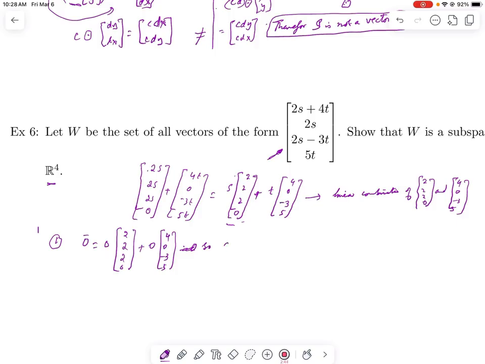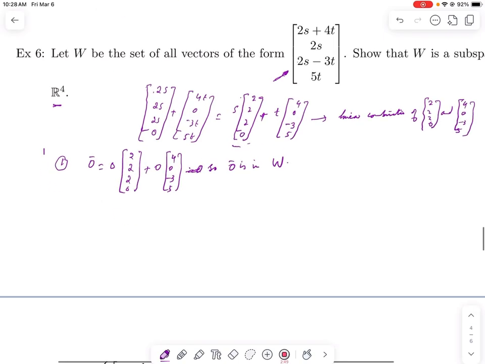So 0 is in W. Now let's look at any vectors of this type. If I give them names, say v1 and v2, then we can say that sv1 plus tv2 is also in W. So this shows that hence W is a subspace.